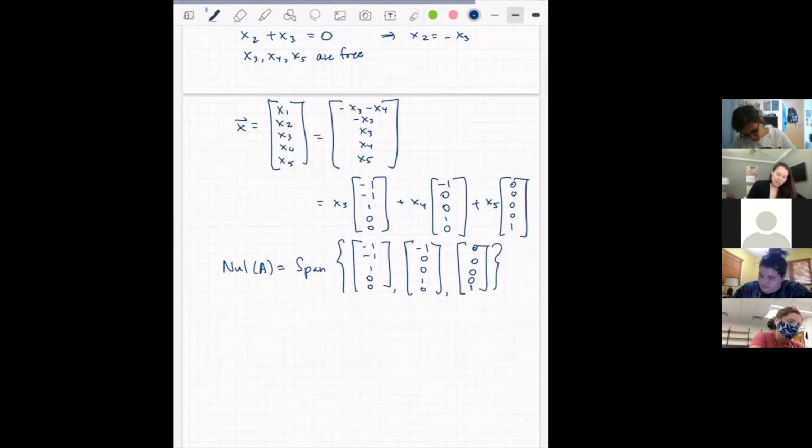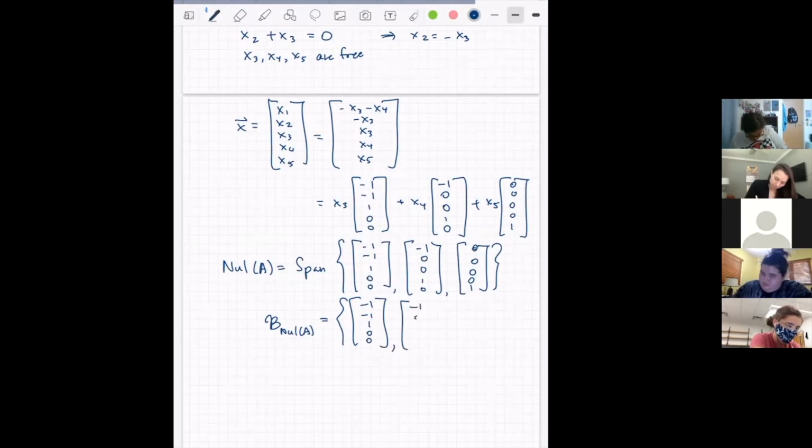Right. And the actual basis is just those three, right? So the basis for the null space of A is just this set containing the three vectors. Okay, so that is the basis for each of those spaces.